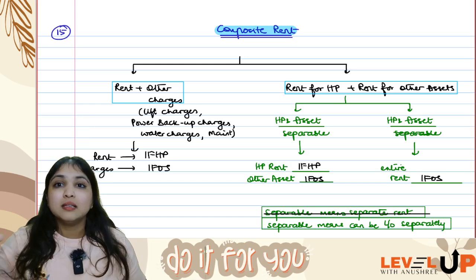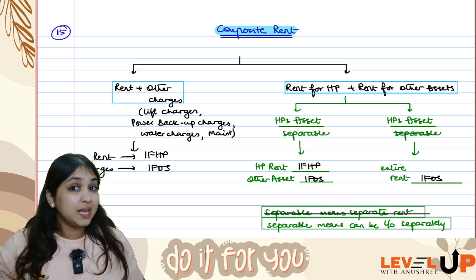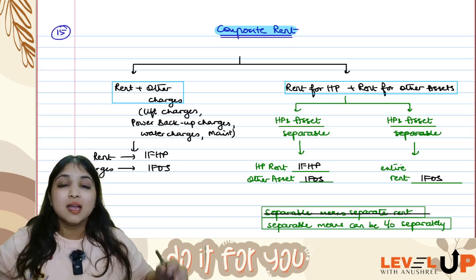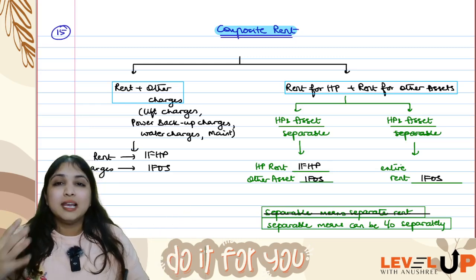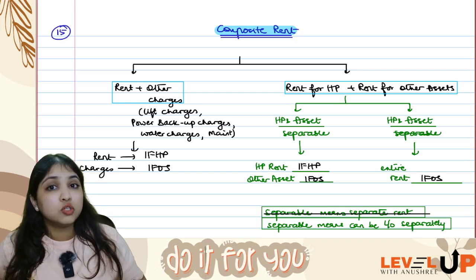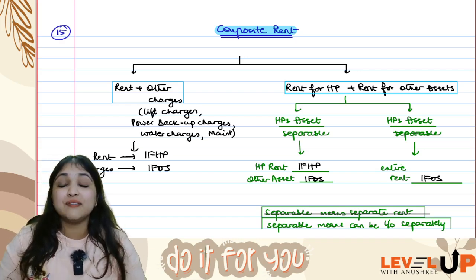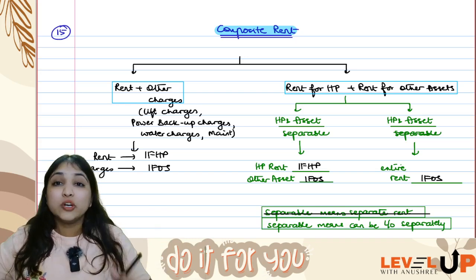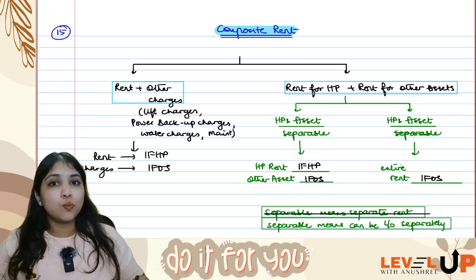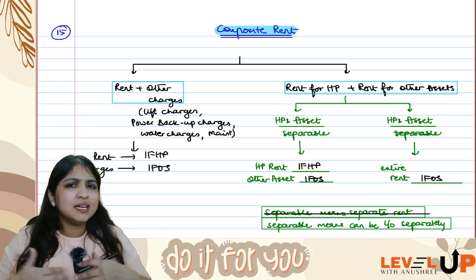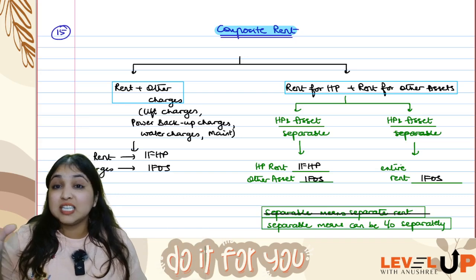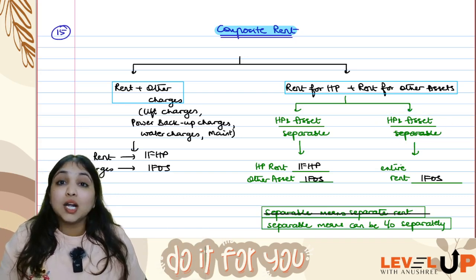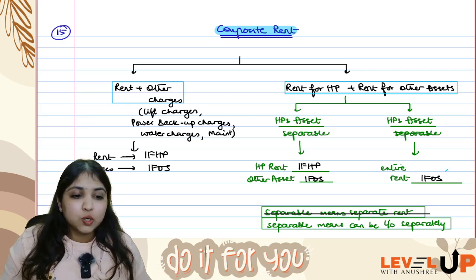If they are separable, the house rent alone will come to IFHP, the car rent will go to IFOS. But if the two assets are not separable, like for example, assessee is giving a house to his tenant, along with the house he is giving attached furniture, and this furniture and the house, they are not separable, which means it is not possible to let out house to one person and furniture to another person. It is not possible. So if it is a situation like this where the house and asset are not separable, then the entire rent will go to IFOS.